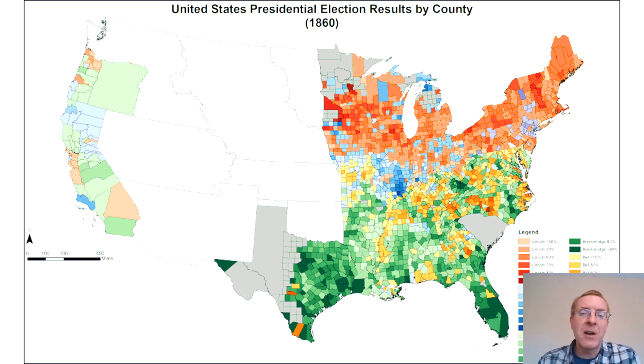If you go down to the Deep South, in Mississippi you'll see the western part of the state, which was very wealthy, and also the southernmost part of Alabama, where you have a lot of very wealthy cotton plantations. Those areas voted for Bell, the Constitutional Union Party, and that's very interesting.